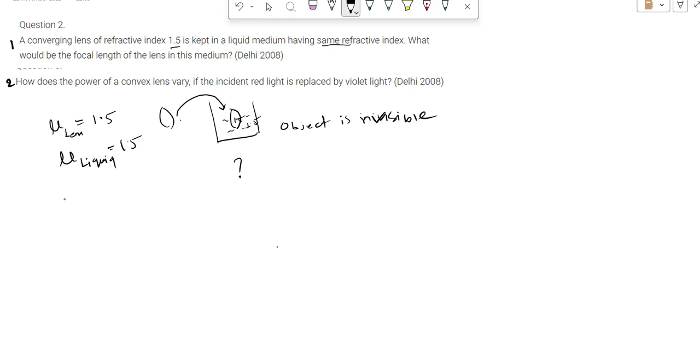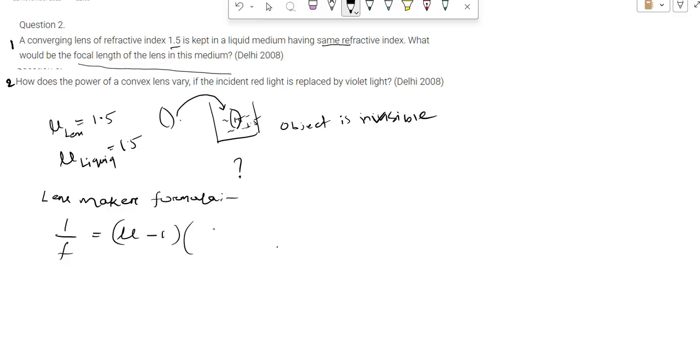But let's solve it from the exam point of view. To solve this, you need the lens maker formula because it asks for the focal length of the lens in the medium. So what is the lens maker formula? The lens maker formula says 1 by f is equal to (mu minus 1) into (1 by R1 minus 1 by R2), where R1 and R2 are the radii of curvature.